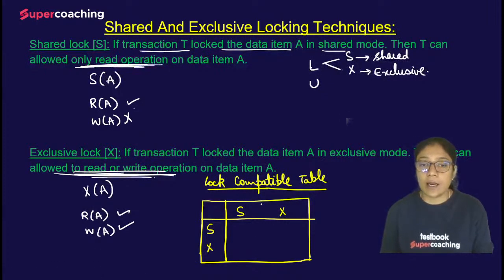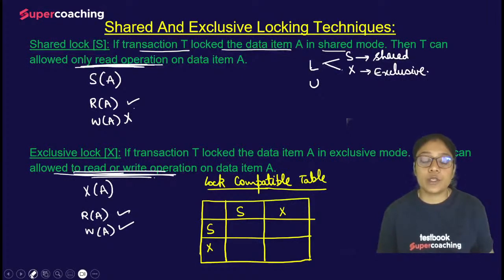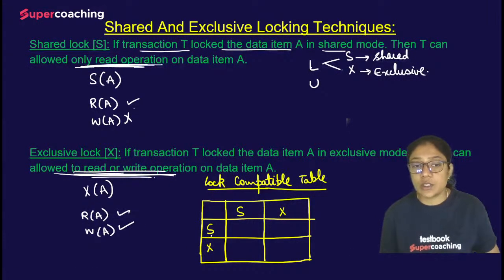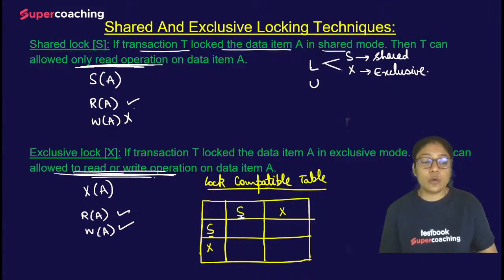Now tell me whether the shared lock is compatible with the shared lock. Think of it this way: shared lock means we only have to perform a read operation. If one transaction is performing a read operation on some data item, can another transaction read the same data item?